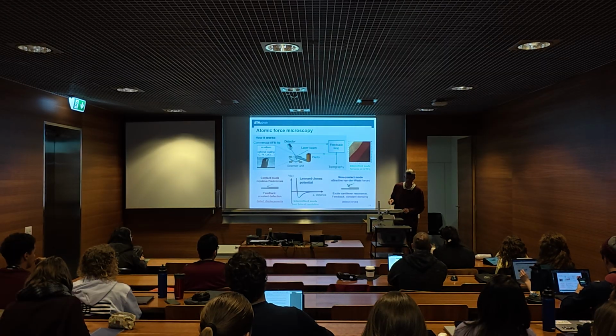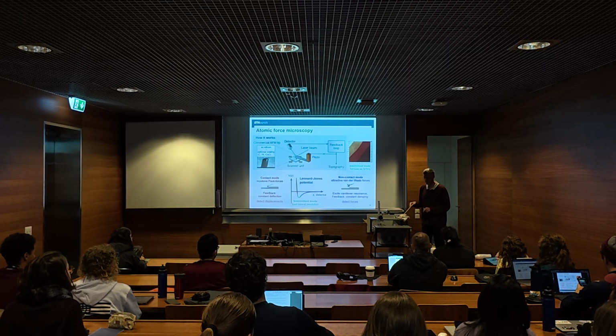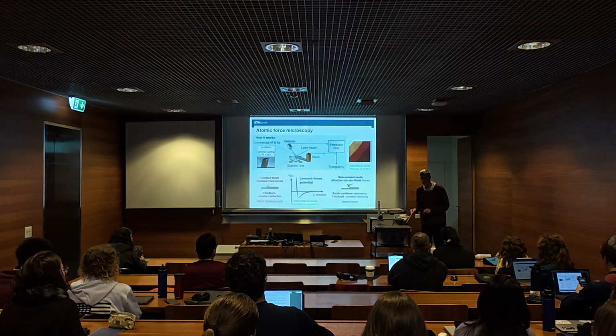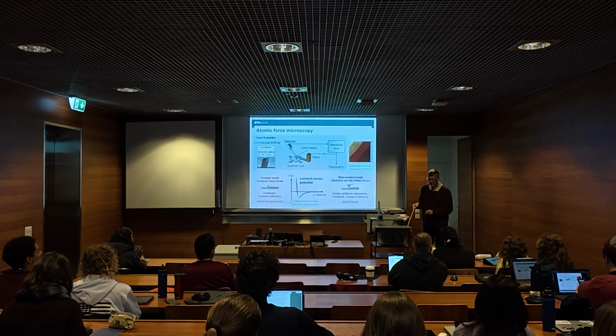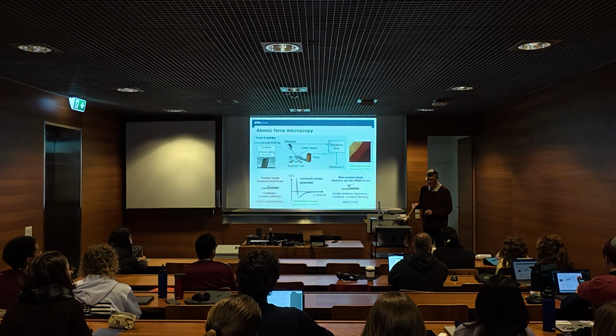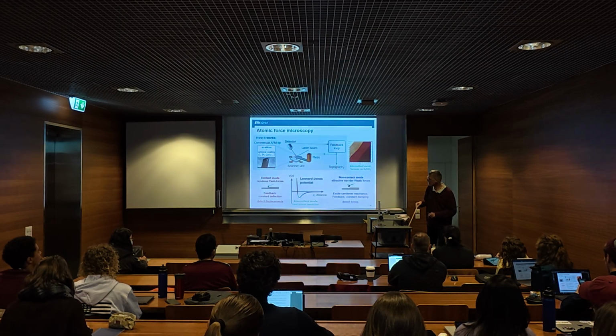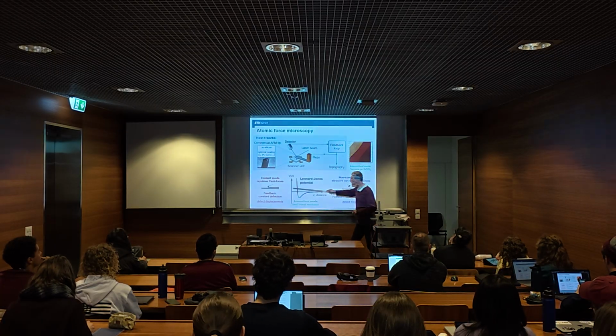So what do you do? You move your tip until you have the same deflection. So it goes up, then the controller moves it down, down, down, then it's attracted again. Now there's a very strong repulsion, so then again your tip is moved up until you have the same deflection again, and so you can step by step scan the surface.